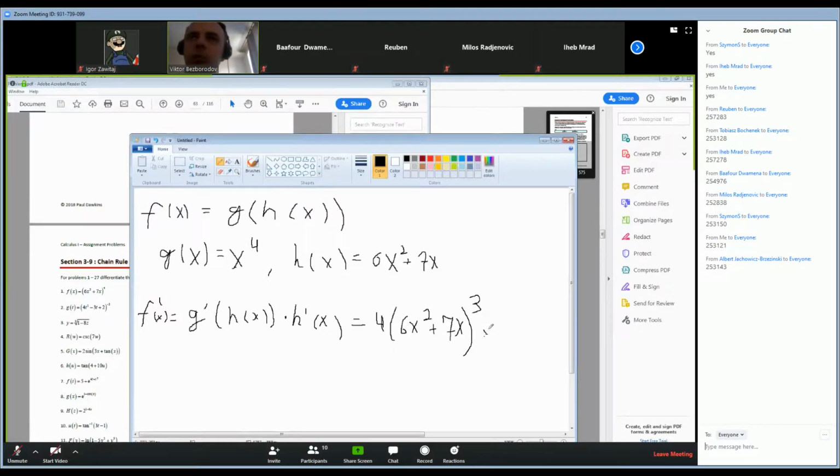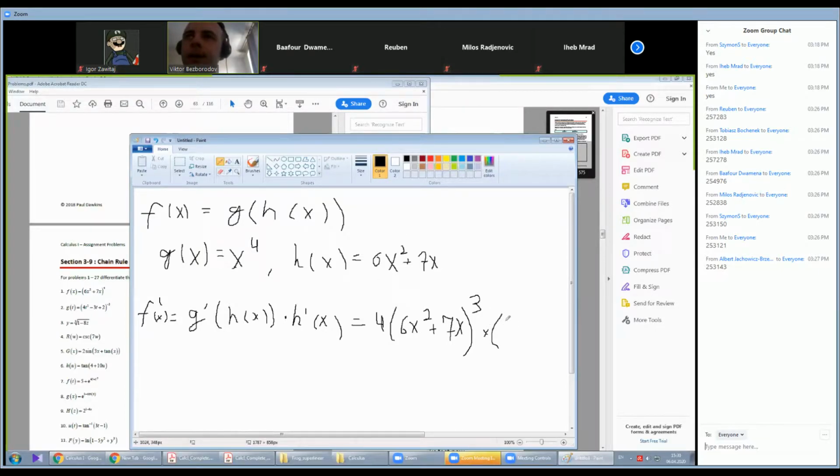So multiplied by, okay, and the derivative of h is going to be 12x plus 7.